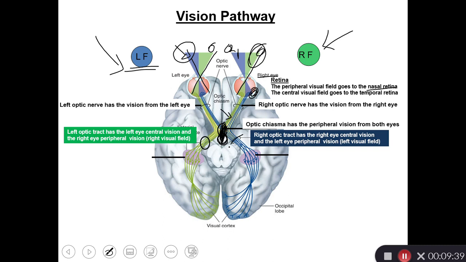So here is the green, the right optic tract, and it has the central vision of its own side, which is the right eye.